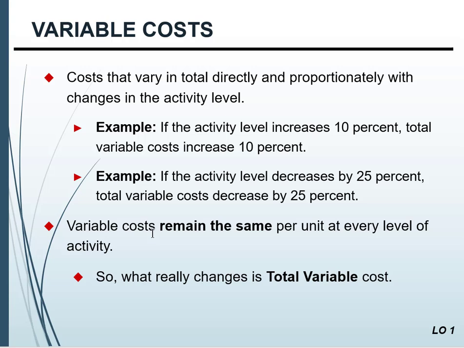And of course, you multiply by whatever the board feet is per unit. That gives you your cost per unit. If you make one unit, you know what the cost is. If you make 50 units, you multiply the cost of one unit by 50. So the only thing that really changes here is total variable cost.